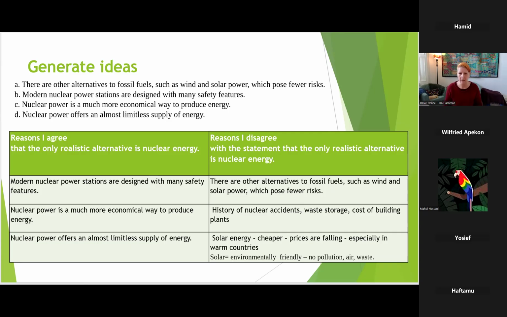Now notice when you said environmentally friendly, what did I ask? I asked for details, didn't I? That's the key. Now that we've got our ideas on paper, I'm going to look for the ideas that I could think of details for.